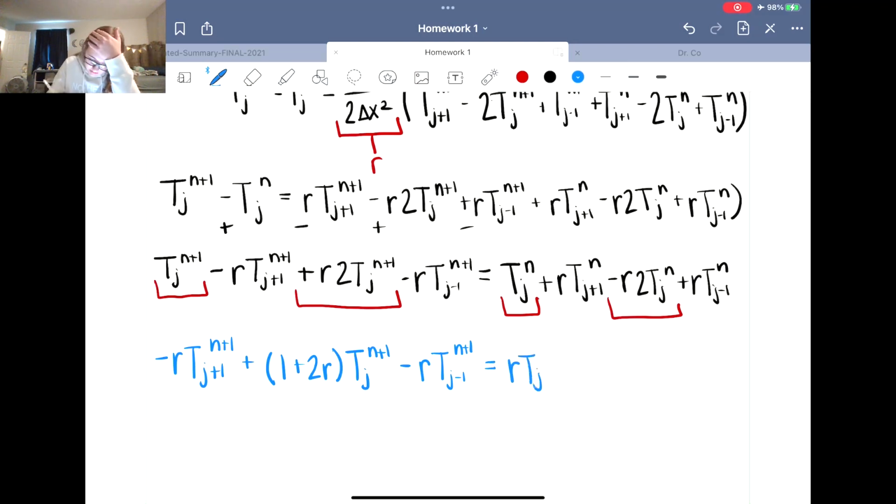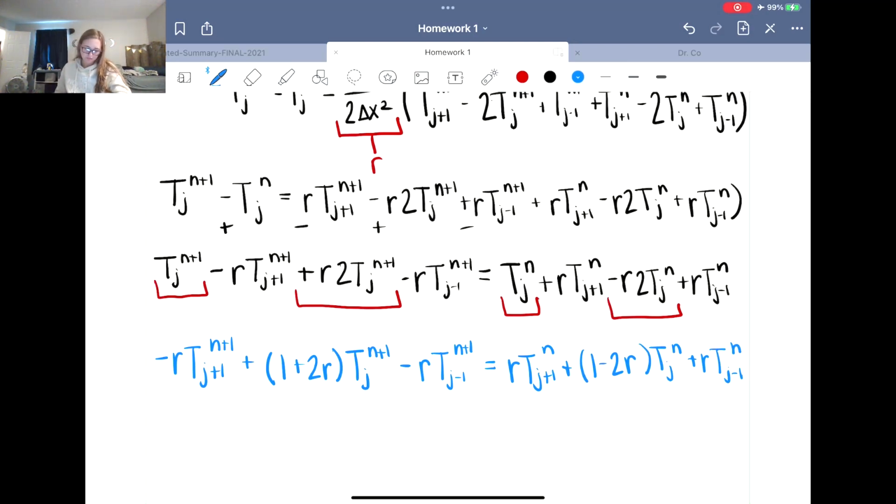And then we're going to do the same thing for the other side. And plus our R T_(j-1)^n.